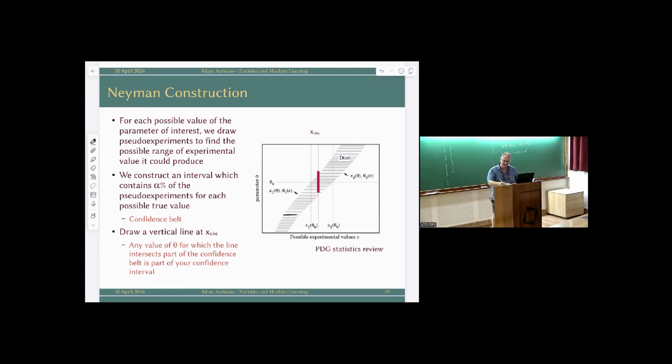And then you stitch that together for all of your parameters. Once you have that confidence belt, if you observe a particular value in your data, you draw your line down here, and you look at all of the segments of the confidence belt that intersect it, and then propagate it this way. And this is your best fit, and that is your confidence interval around that belt.